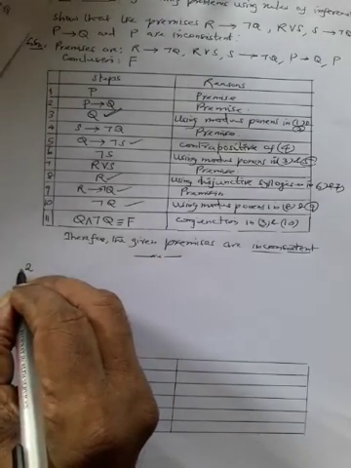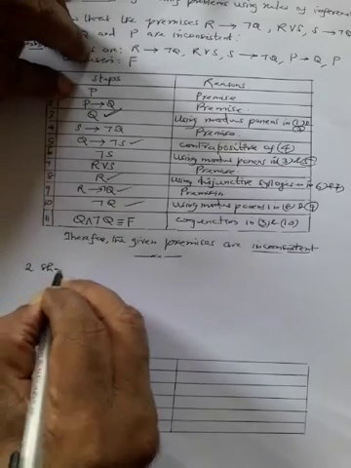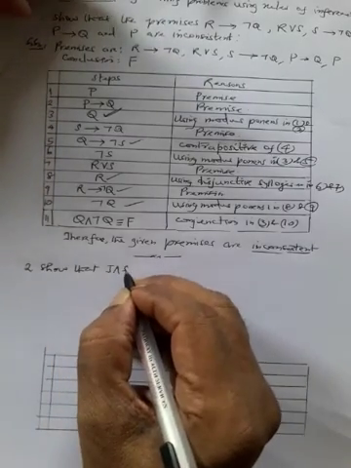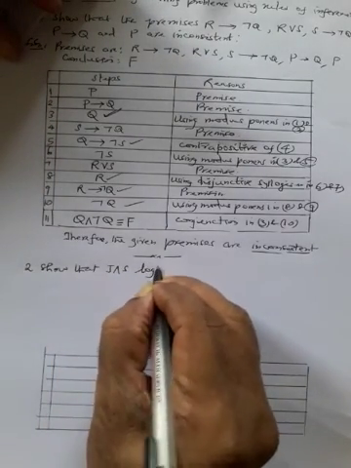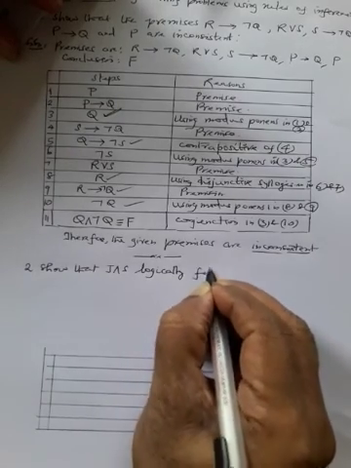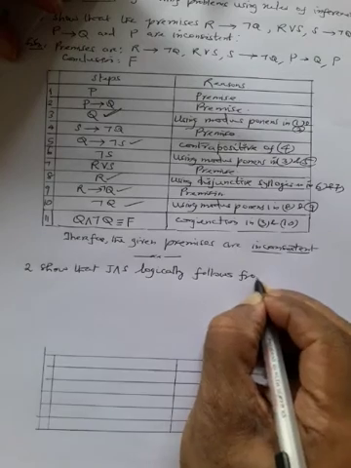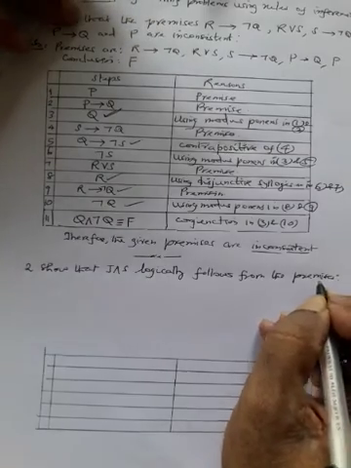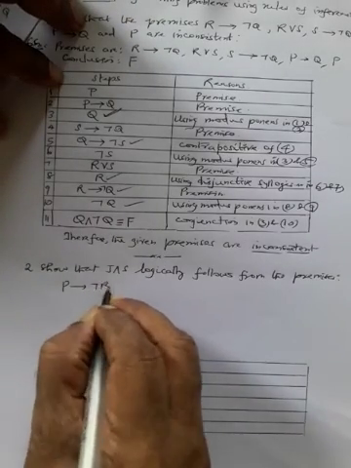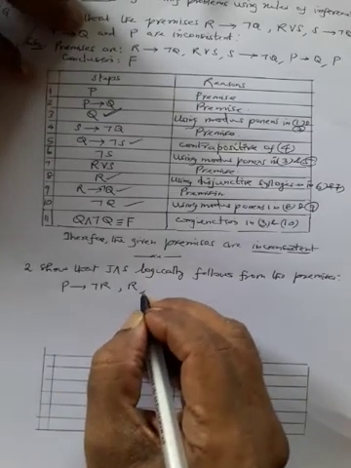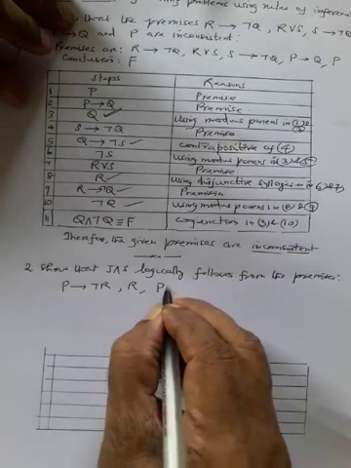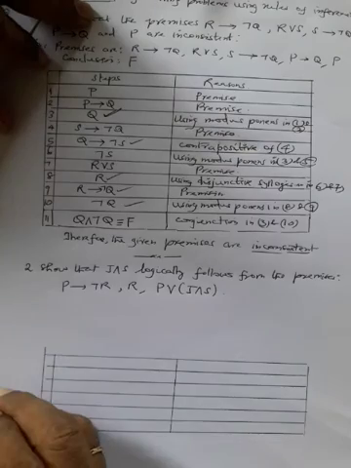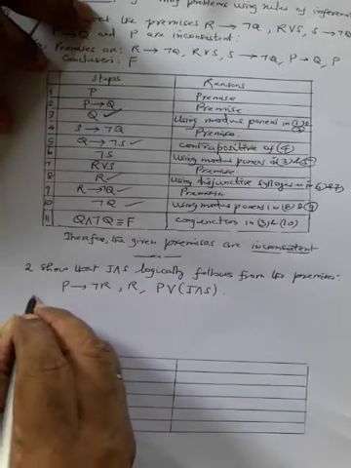Second problem, show that J and S logically follows from the premises P conditional negation R, R or P, and J and S. This is the hypothesis. The conclusion is J and S. Solution.